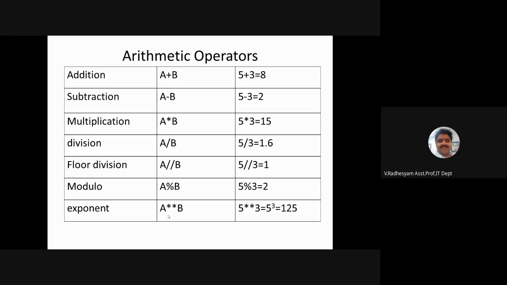To calculate the area of a triangle with the three sides given A, B, C, the formula is area equal to square root of S into S minus A into S minus B into S minus C. But the square root is nothing but power 1 by 2, the exponent. So to fulfill that power 1 by 2, we will use the double star.